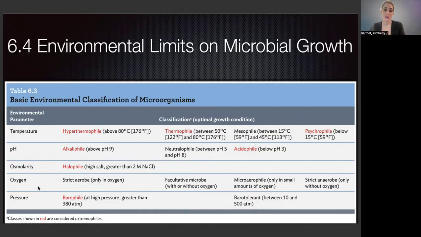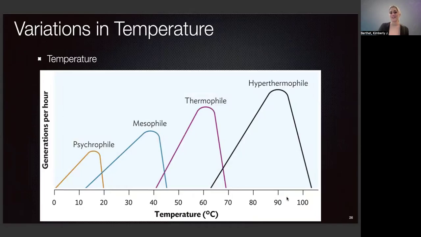When we look at oxygen, we're going to look at obligate aerobes, facultative anaerobes, microaerophiles, and strict anaerobes. We're going to look at all ends of the spectrum when it comes to oxygen, whether microbes want to be around oxygen or don't care. And then we get into pressure. We see barophile and barotolerant. So this is a great chart for organizing the terms. We're going to go into more detail on all of the following slides here.